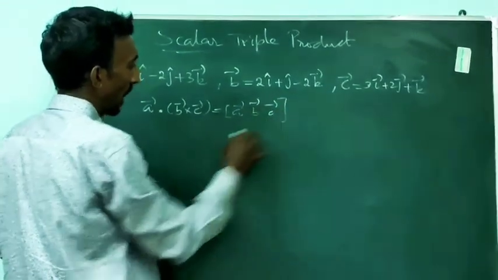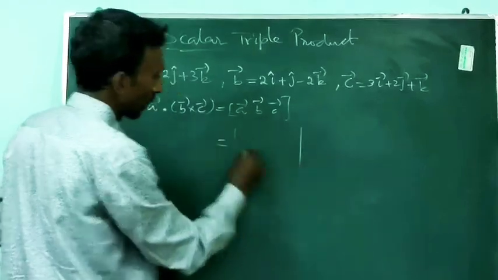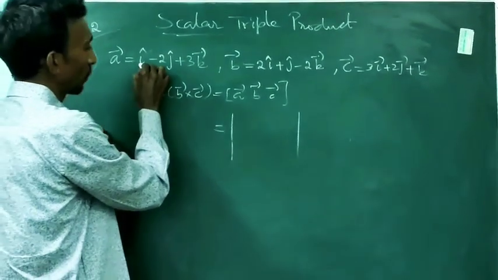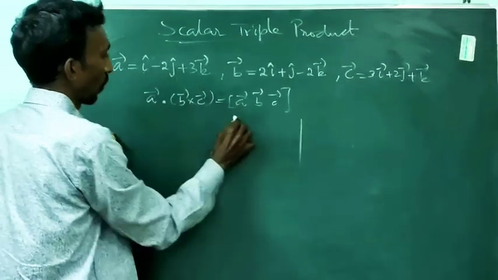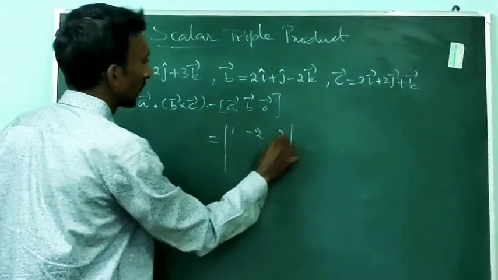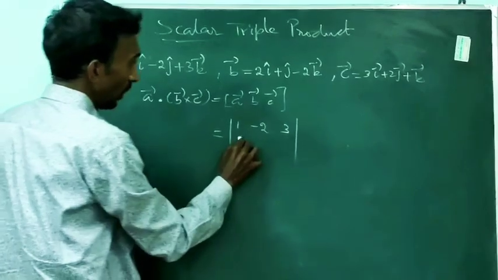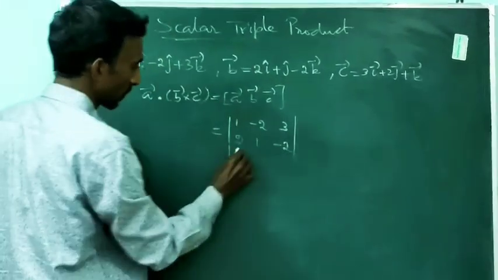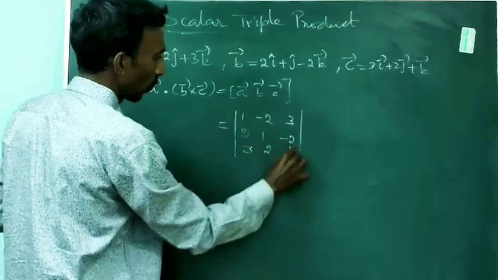So we can find it directly using the determinant method, a 3 by 3 determinant. First row, the components of A: 1, minus 2, 3. Second row, B: 2, 1, minus 2. Third row, the components of C: 3, 2, 1.